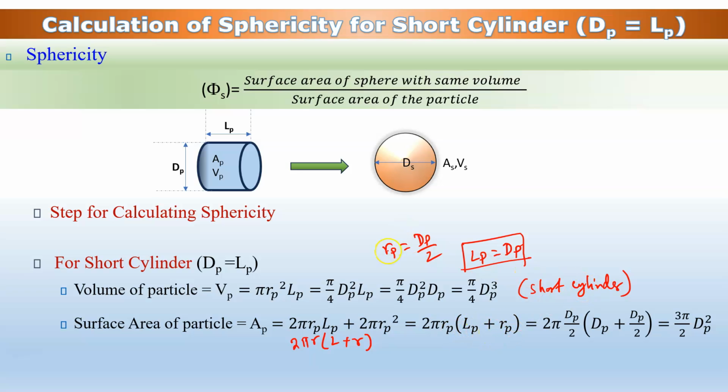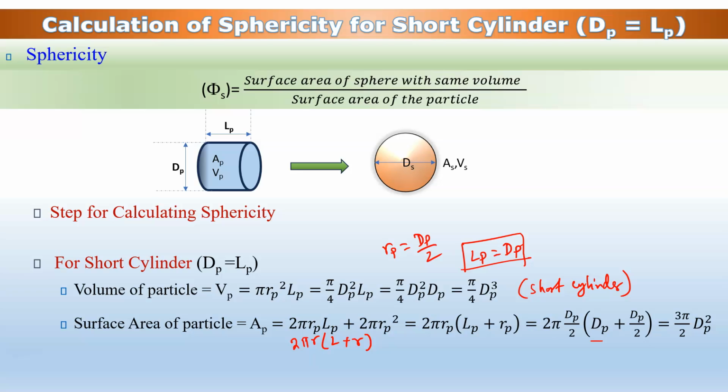Now we took rp is equal to dp by 2. If you plug in all these values, we get 2 pi dp by 2 into dp plus dp by 2. After simplification, we will get 3 pi by 2 dp square. So the surface area of the cylindrical particle is 3 pi by 2 dp square.